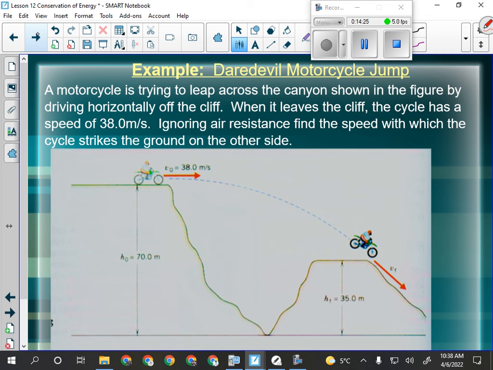The starting side is 70 meters above the bottom of the canyon. When he lands on the other side, he's only 35 meters above the bottom of the canyon. How fast is he going on the other side? Okay. Assuming there's no air resistance, this is the perfect physical world, and energy is conserved between point A and point B. Okay, give you a couple minutes on that.